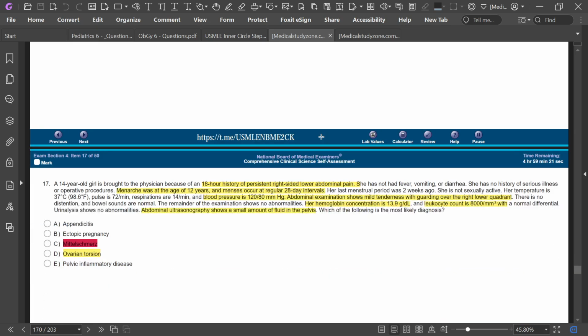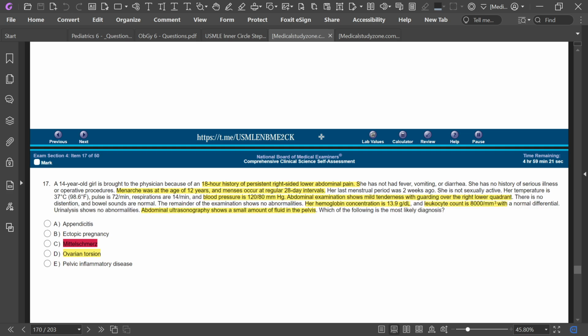Last menstrual period was 2 weeks ago. She is not sexually active. Vital signs are normal. Abdominal exam shows mild tenderness with guarding over the right lower quadrant. There is no distension and bowel sounds are normal. The remainder of the exam shows no abnormalities.